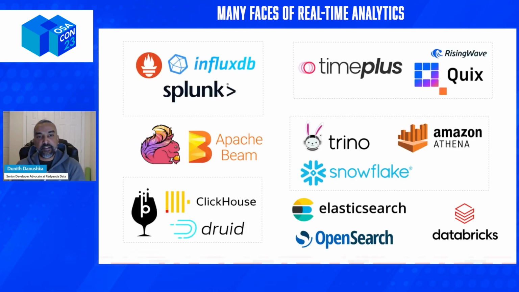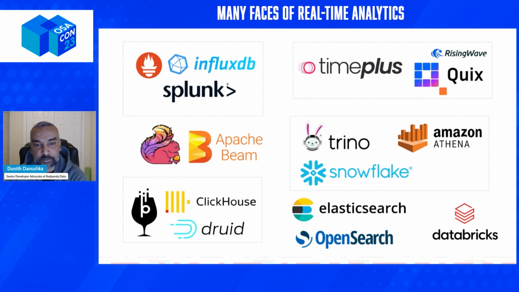And then when you look at the real-time analytics market today, you can see different types of databases and frameworks. I would say the spectrum is vivid and there are so many choices to choose from. So if you are a beginner, you might get lost what to pick.